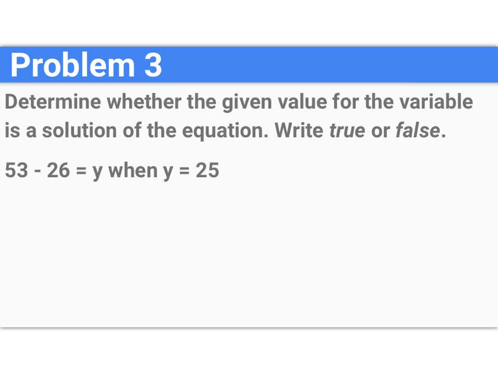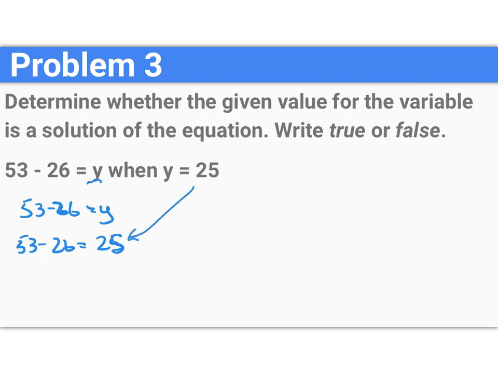Now, determine whether the given value for the variable is a solution of the equation. So 53 minus 26 equals y, and y is 25. So it's 53 minus 26 equal to 25. And look, y is by itself on the right side of the equation, so I didn't need parentheses when I substituted the 25 in for y.